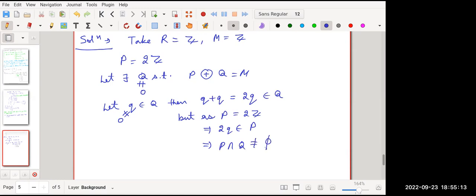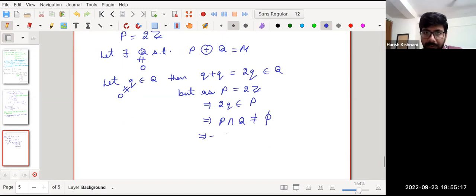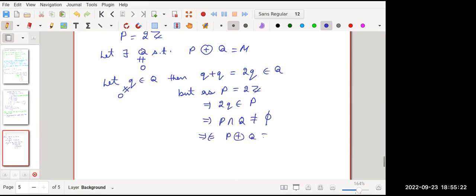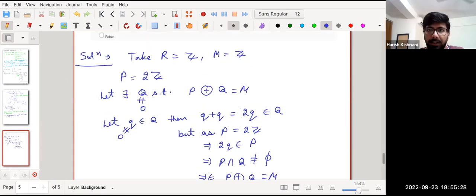This contradicts the fact that the sum is a direct sum. So the statement is false.